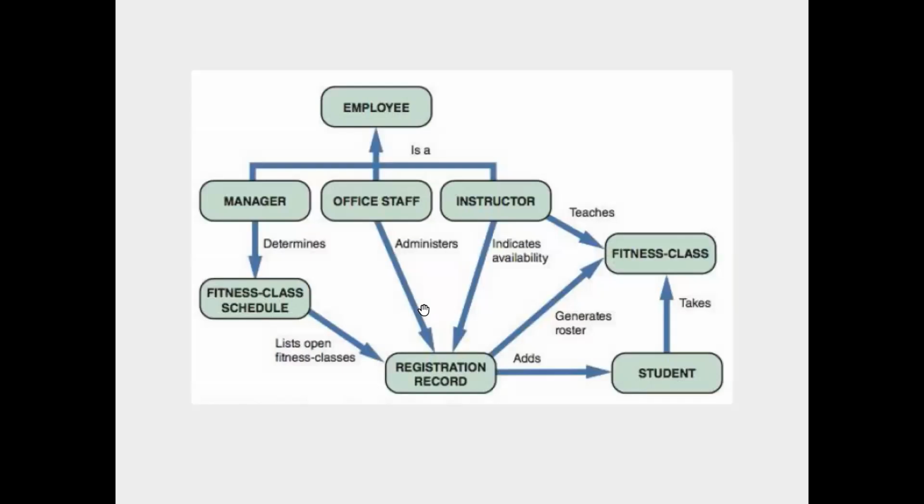Now, this one very briefly shows you an object diagram where we have superclasses and subclasses and then other relationships. Remember we talked about the employee class, and then we have manager, office staff, and instructor.